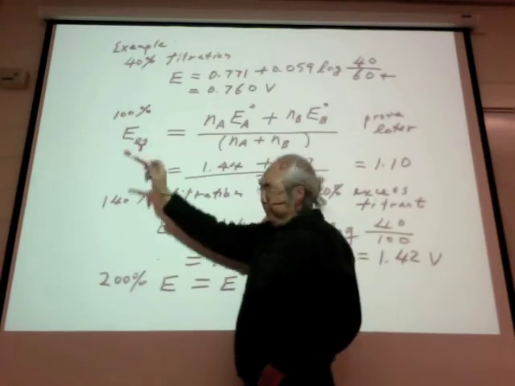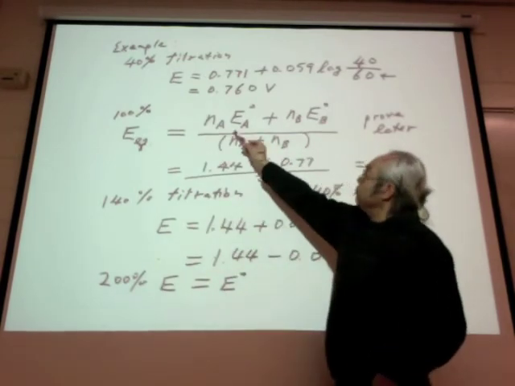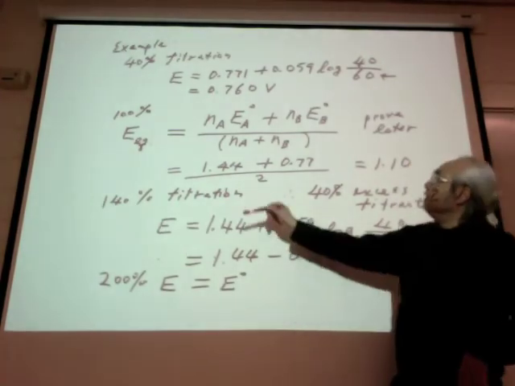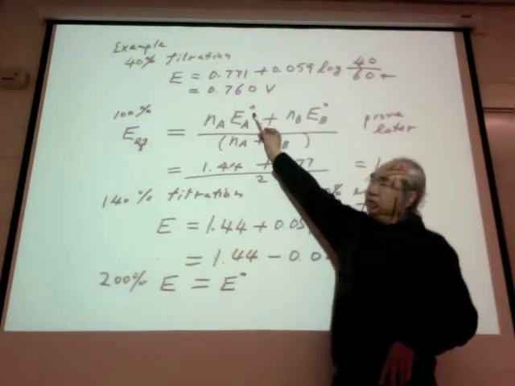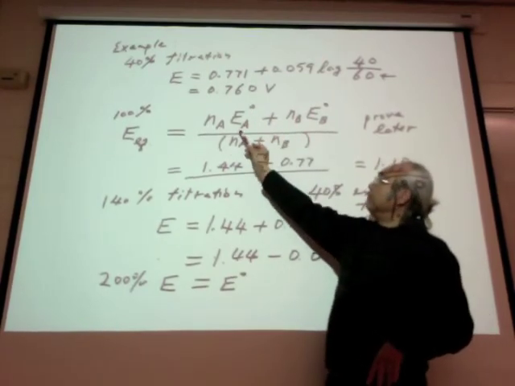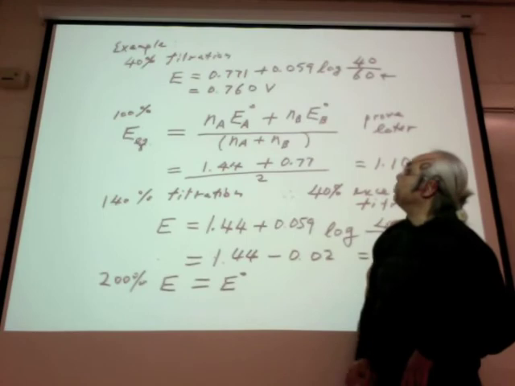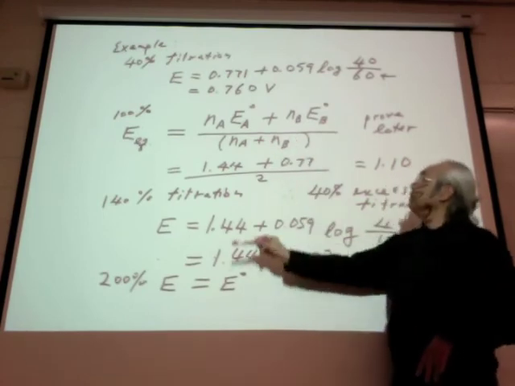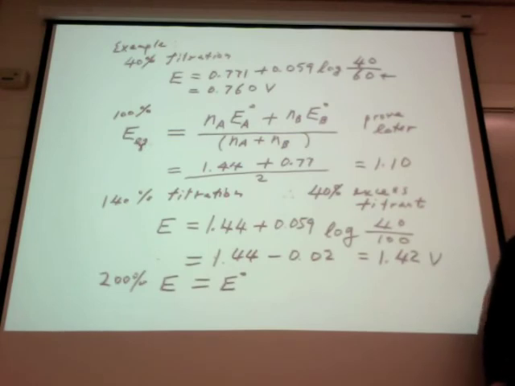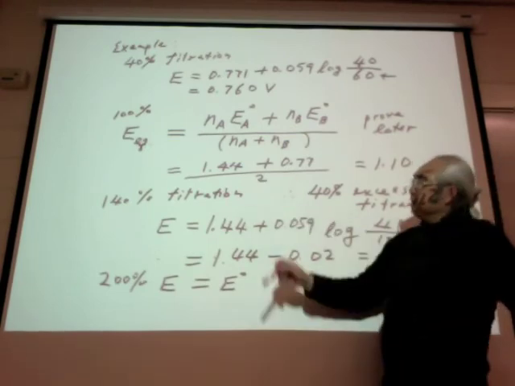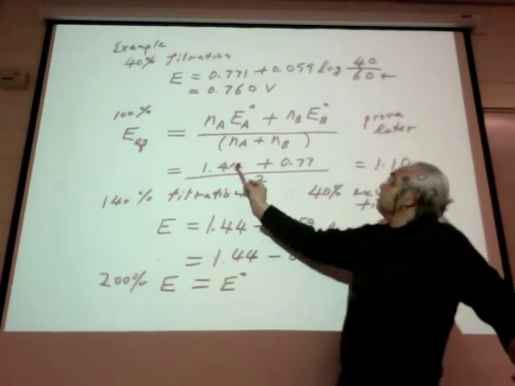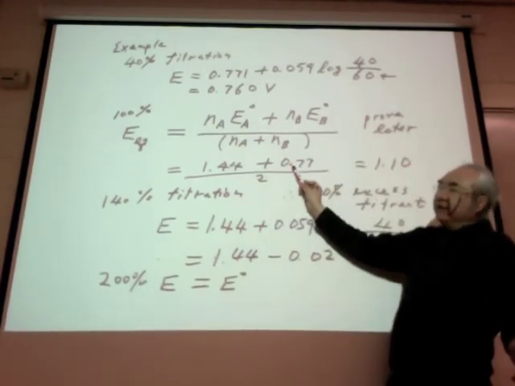Now, at the endpoint, let's assume 2 chemicals, where each chemical has its own E naught and number of electron transfer, and the sum of the number of electron transfer. So this is your formula, and we will prove that later. For this particular titration, the E naught for cerium is this, and the E naught for iron is this.